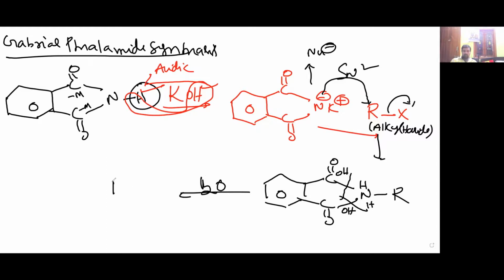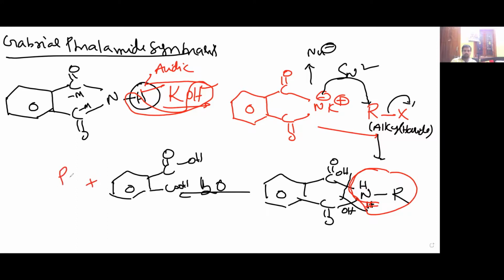That's all. This is COOH, COOH. Please observe what the product is. This is RNH2. This is called a primary amine.